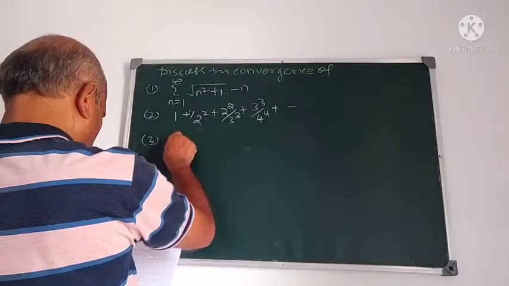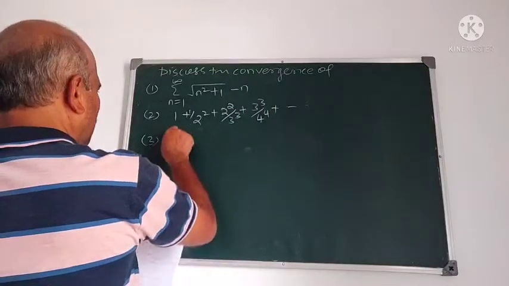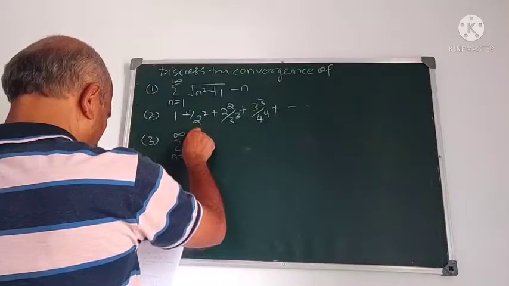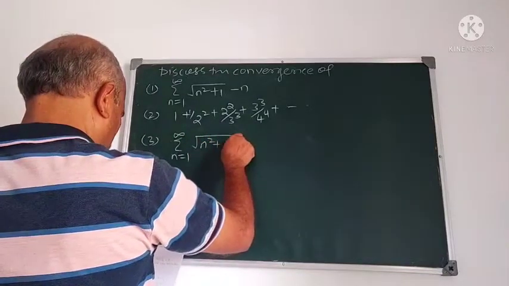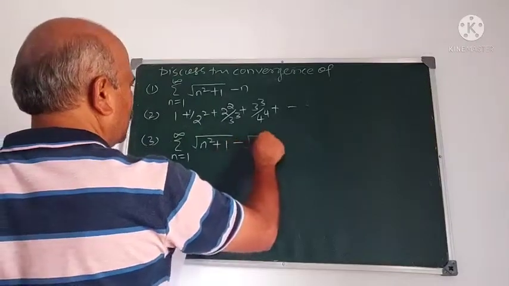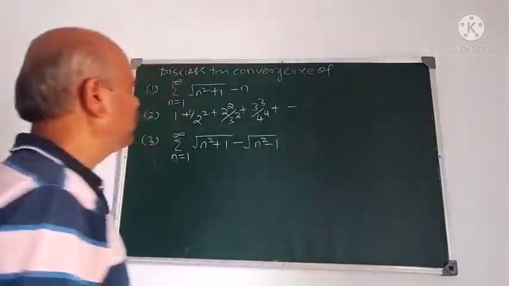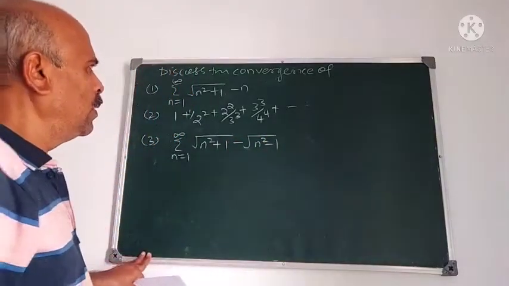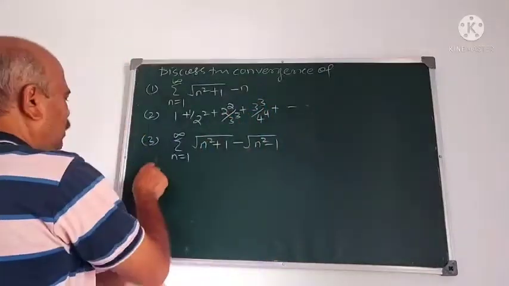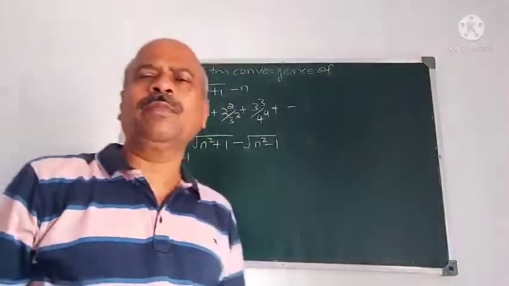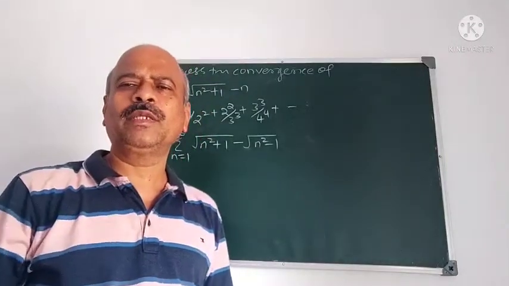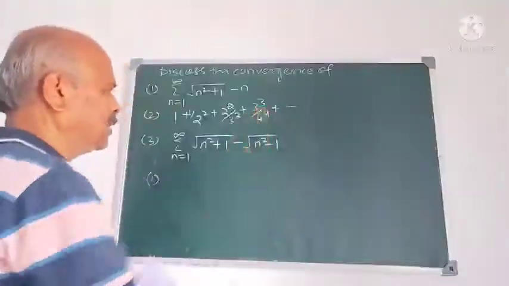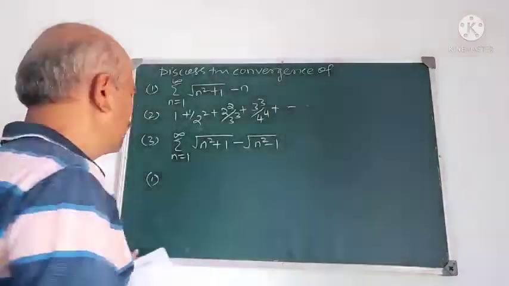Next is sigma n from 1 to infinity of root of n square plus 1 minus root of n square minus 1. Now see the first problem here, we make use of the second comparison test, that is sometimes called practical comparison test, and P series, or it is called auxiliary series.